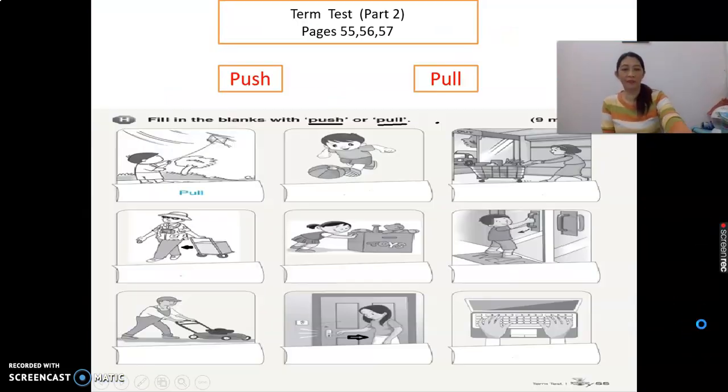Next. This is the continuation of the term test from last week, part 2 of the term test. Again, page 38 is push and pull. This is an example.